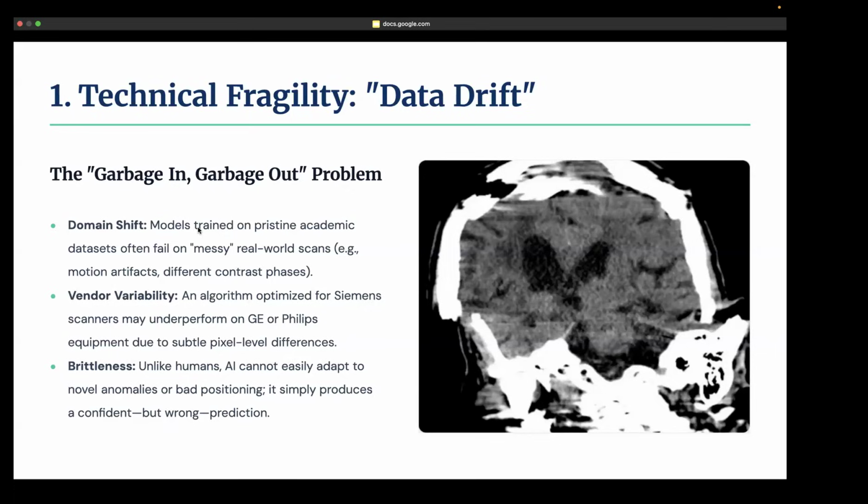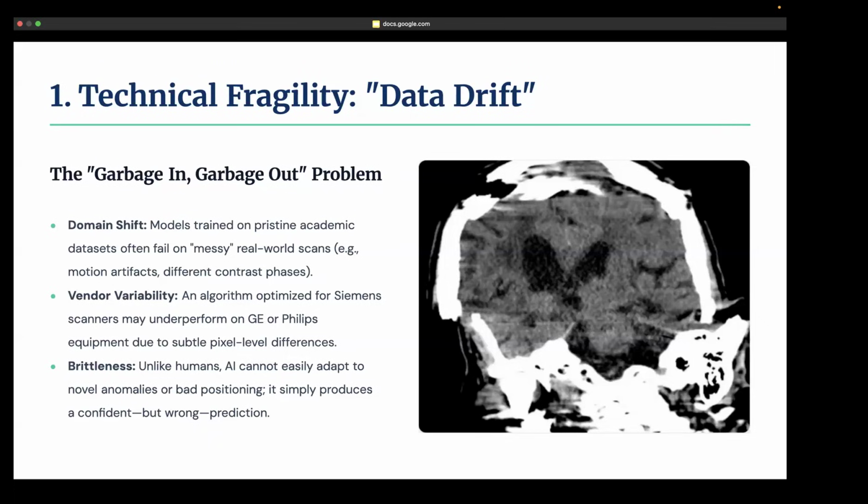So algorithms that were optimized for Siemens scanners, for example, might not work on GE or Philips equipment, the CT and the MRI machines, because of pixel level differences. All hospitals don't carry the same brand of systems, and a lot of these algorithms run only on certain brands.